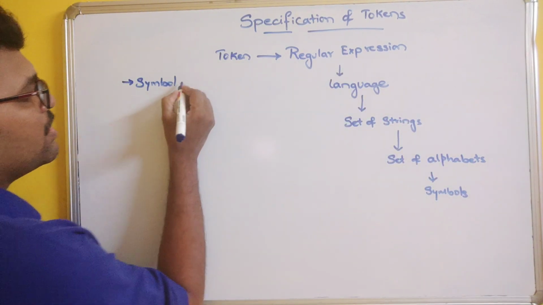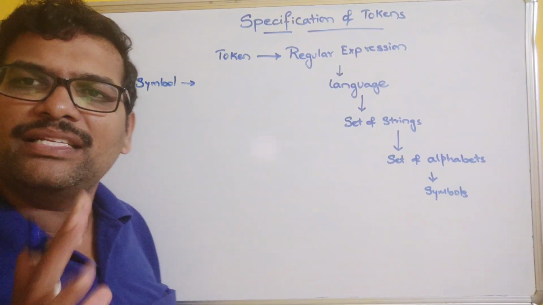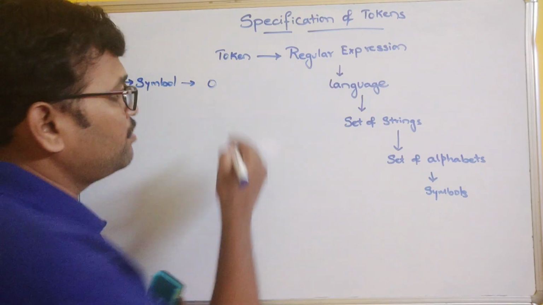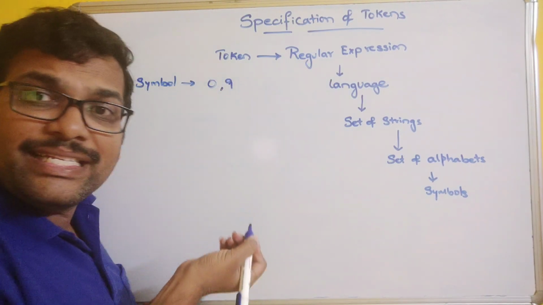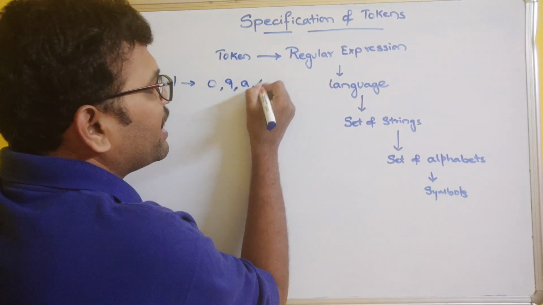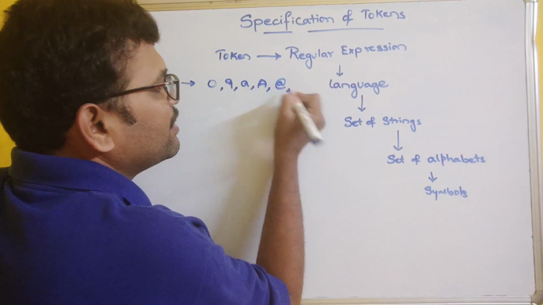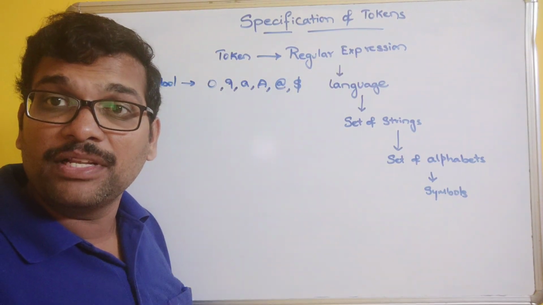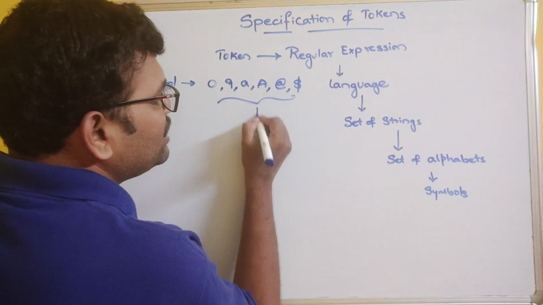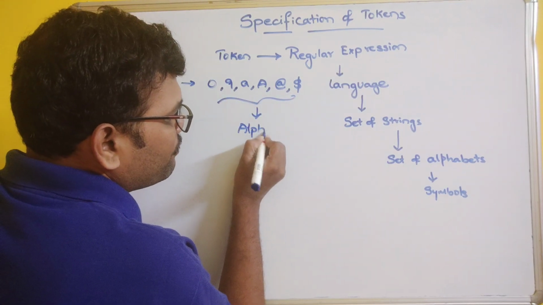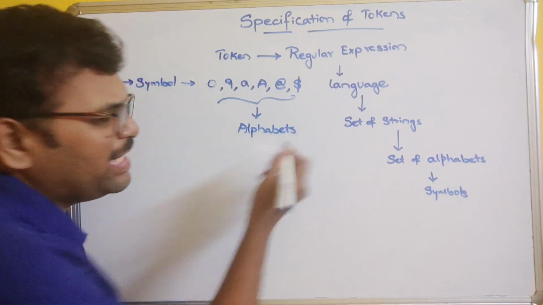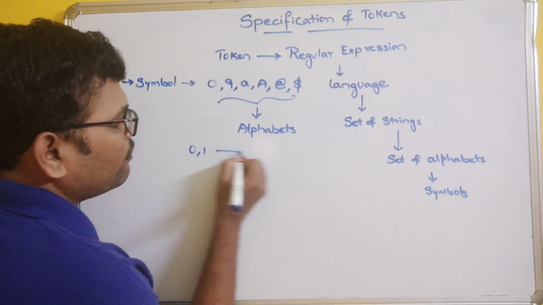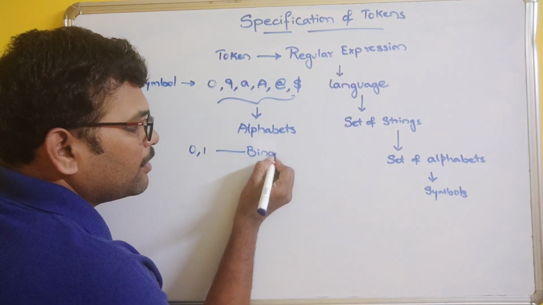Here, anything can be considered as a symbol. For example, 0 is a numeric symbol. 9 is also a symbol. Small a, capital A, at the rate, dollar, all these are different symbols. Usually all these we can call alphabets. That means a single symbol we call an alphabet. You can know that 0 and 1 are the binary alphabets.